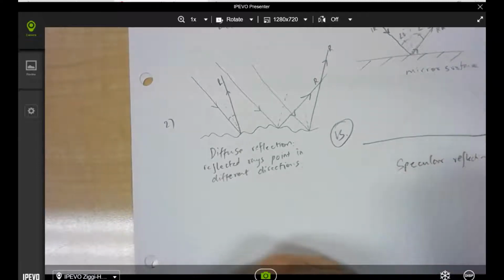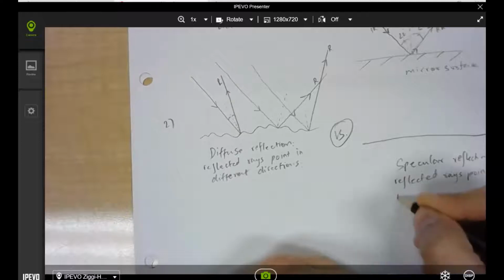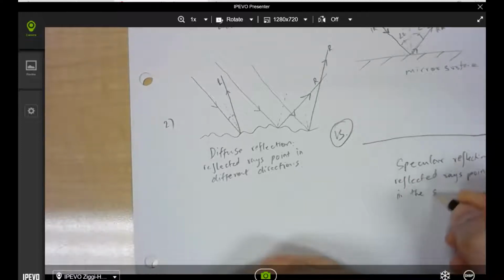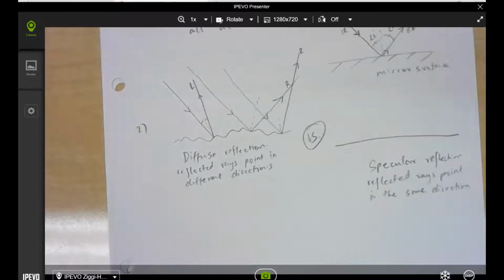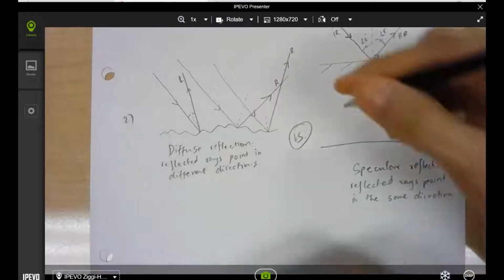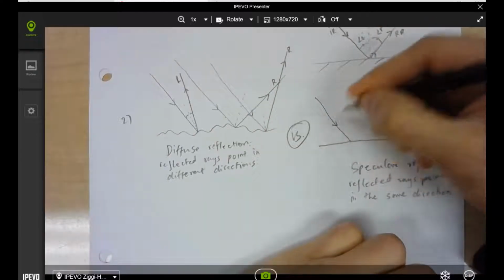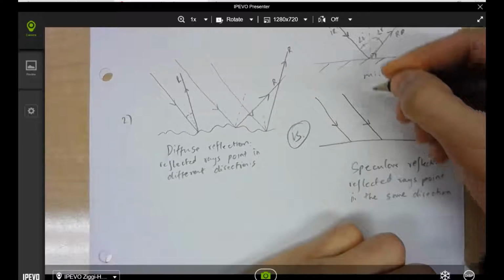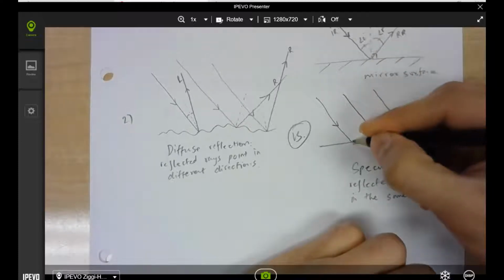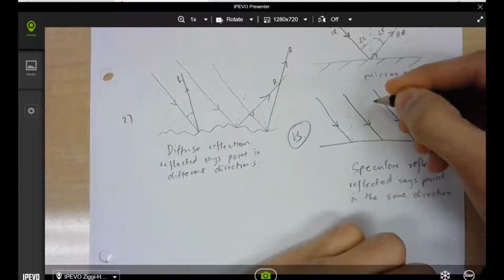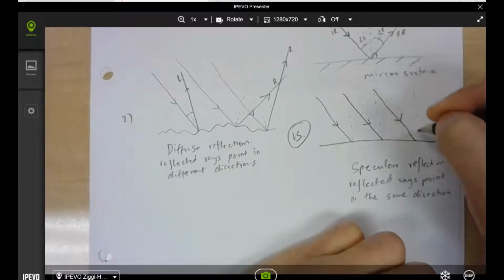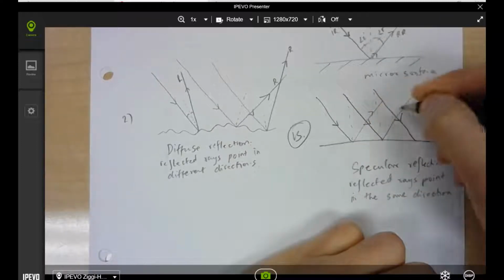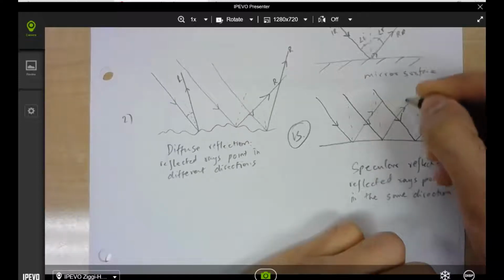And as you might be able to guess, this is where the reflected rays all point in the same direction because the surface is perfectly smooth. So this happens with a lot of polishing, which is required for the surface of those mirrors that are made of aluminum or silver that we were talking about. And because it's flat, the normals are all in the same direction, and so the reflected rays are also parallel to each other.